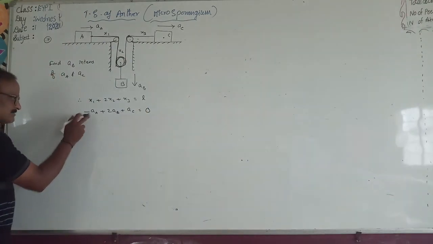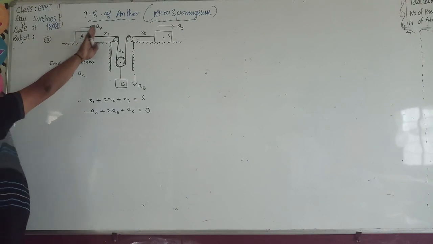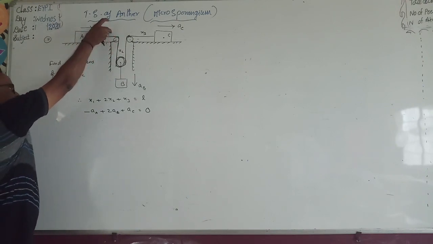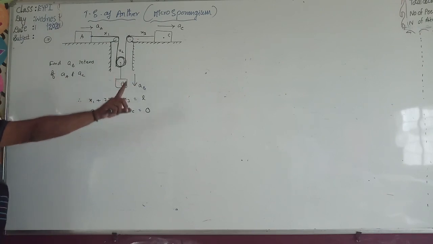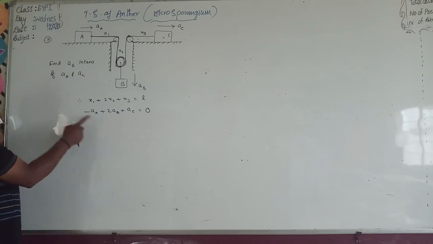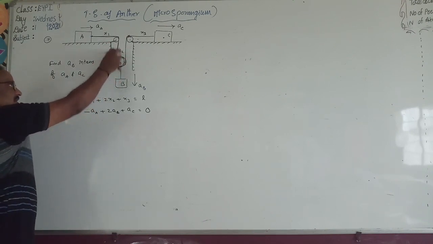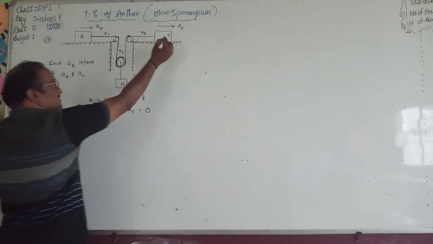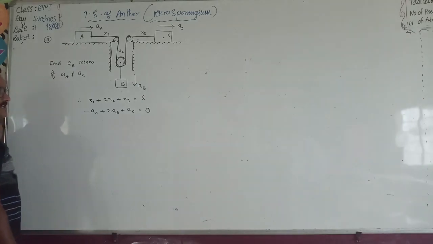Why have we taken minus A here? As block A moves towards this pulley, x1 will decrease. x1 decreasing means velocity also decreases, and velocity decreasing means acceleration is negative. x2 moves down, that means x2 increases, and C also moves in this direction, so x3 also increases.